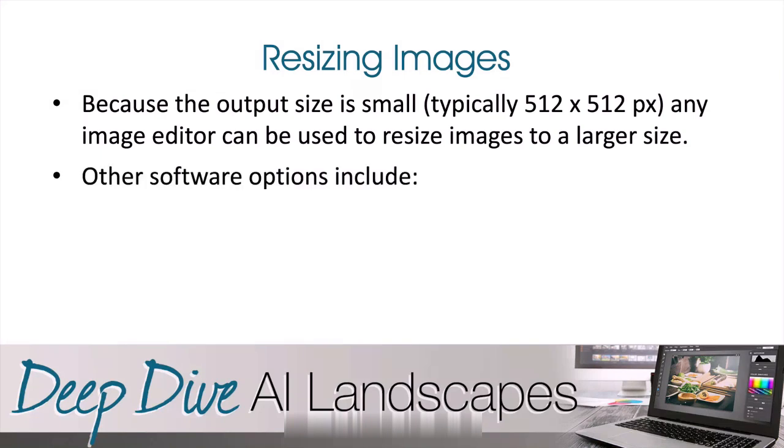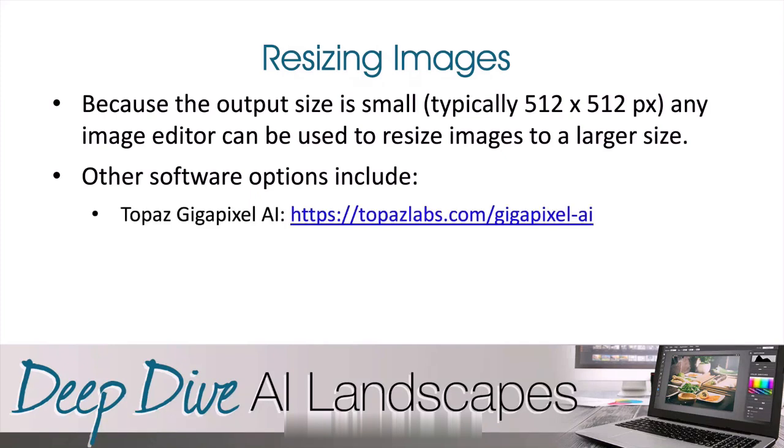But there are also other software options available that allow you to resize images, and that's what they're created for. The one that I use is Topaz Gigapixel AI, and it actually incorporates some of this technology in it for the purpose of resampling and upresing photos. And it works extremely well.